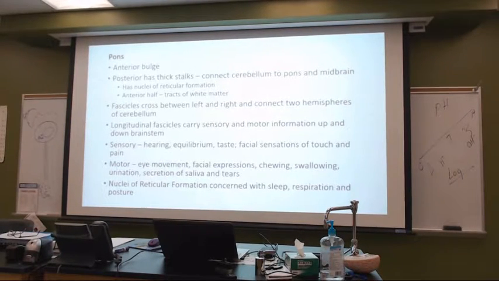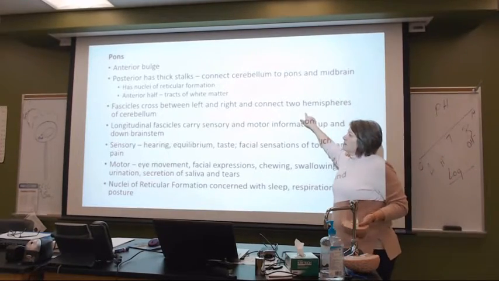Another area of my brainstem, once again, has reticular nuclei of the reticular formation. It's going to have the tracts of white matter because we're still dealing with information moving in, motor information going out.